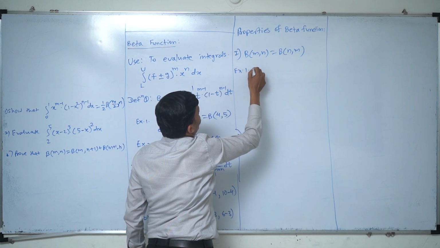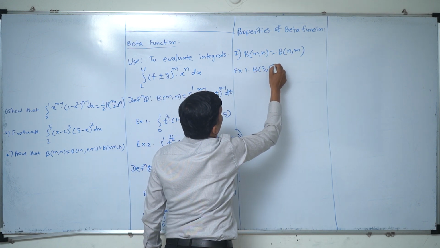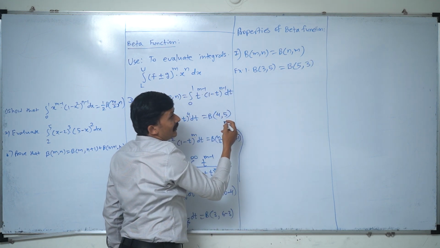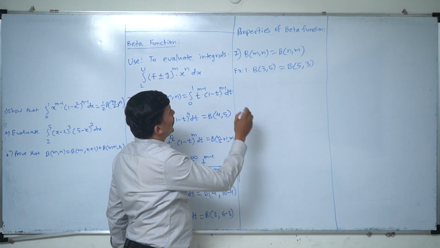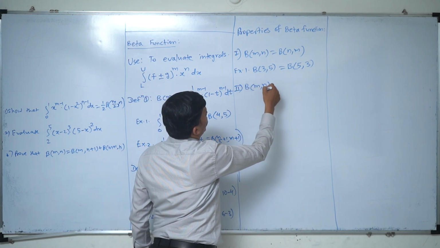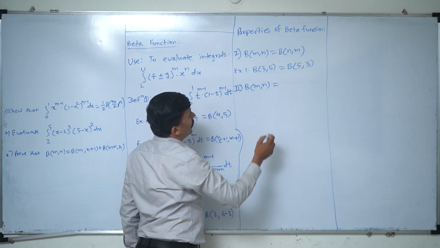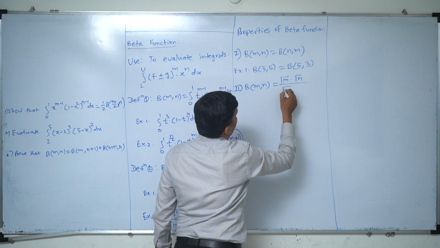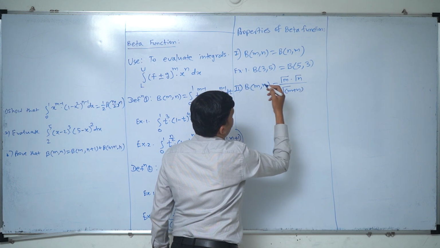That means, suppose beta 3 comma 5 is the same as beta 5 comma 3. This is the first property. Then second property, you can convert beta into gamma. Beta mn is gamma m into gamma n upon gamma of m plus n.